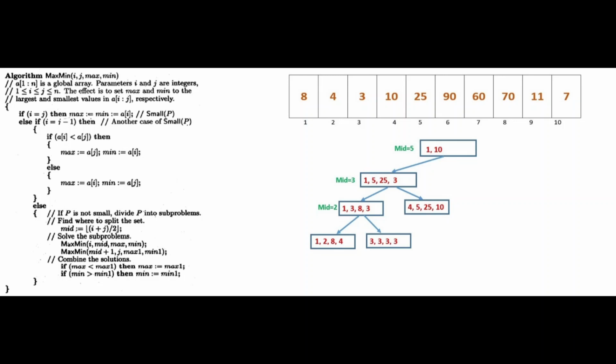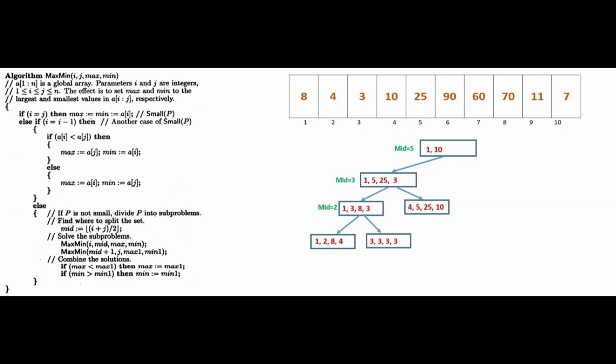From A of 1 to 5, the maximum value is 25 and the minimum value is 3.